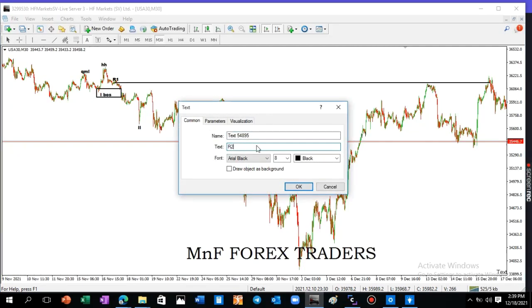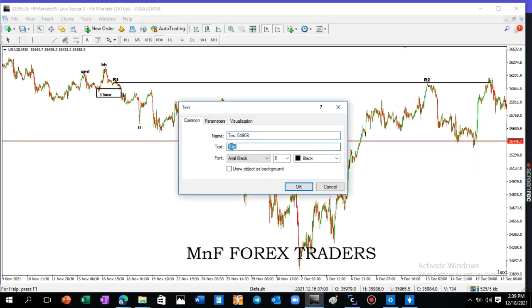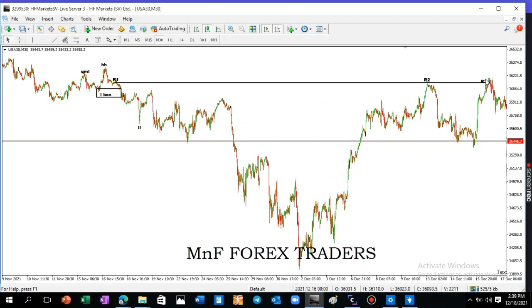Then I had an R3 right here. So we have a QM setup here. The market gives us the fake out right there.